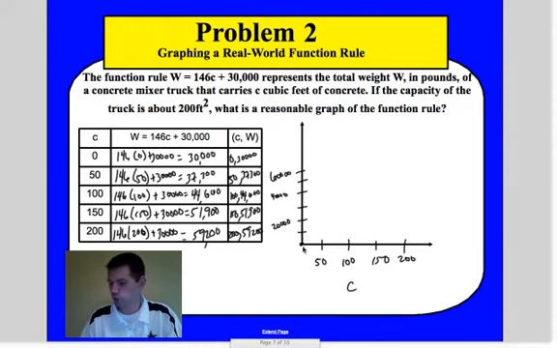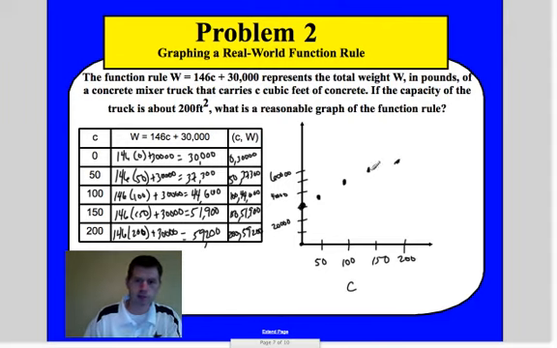Okay, so if we plugged in 0, we got 30,000, so that's our first coordinate right there. 50 we plugged in and we got 37,300, so that's up here. 100 we plugged in, we got 44,600, so that was up here. 150 we got 51,900, which was up in here, and then 200 we got 59,200, which is right in there.